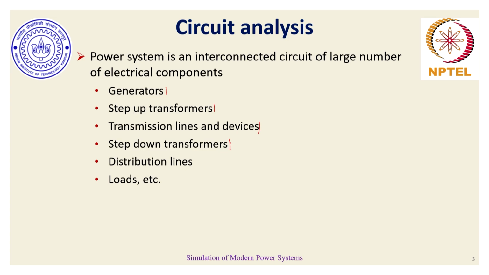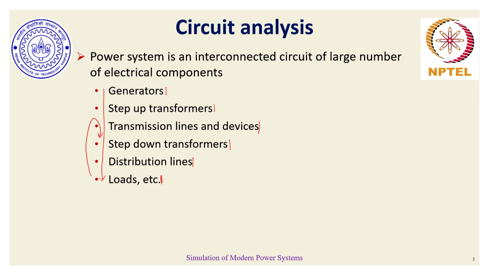Then we have step-down transformers followed by distribution lines, and eventually we have these loads, from where the power flows from generation into the load. And if the load also has its own generation capability in terms of renewable energy resources, then there is also a possibility of bidirectional flow of power from the load end to the transmission end, and from there the power gets distributed across different distribution and subtransmission networks.